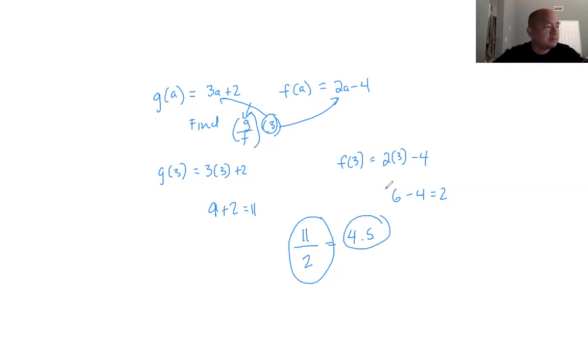Let's say, now this portion gets a little tricky, there are a lot of little tricky parts to this, and I'm sure it gets confusing for people. Let's say G of n is equal to 3n plus 2, and F of n is equal to 2n squared plus 5, and you have G of F of 2.